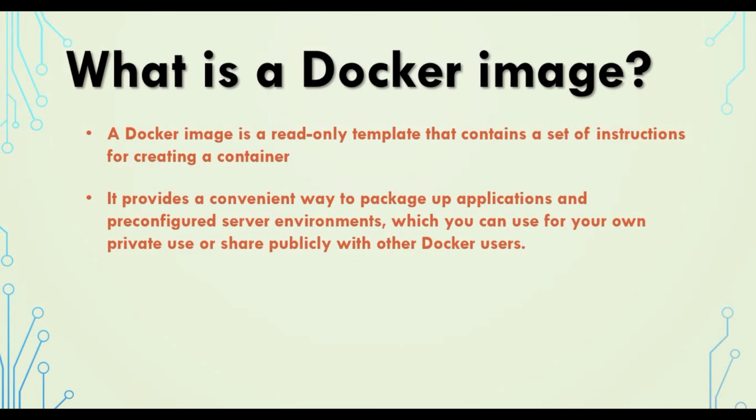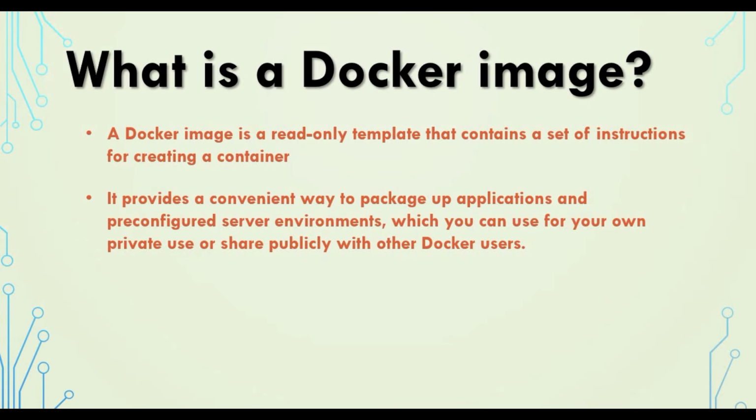It provides a convenient way of packaging up your application and a pre-configured server environment, so that you can use it for your own private use or share it publicly with other Docker users. So what is the benefit of a Docker image? We talked about what containers are, and how they let you standardize and package your application with its dependencies.